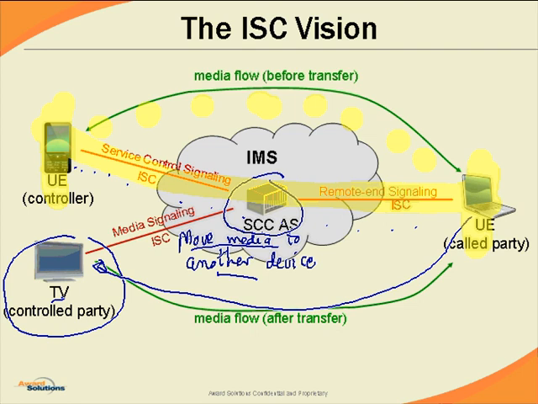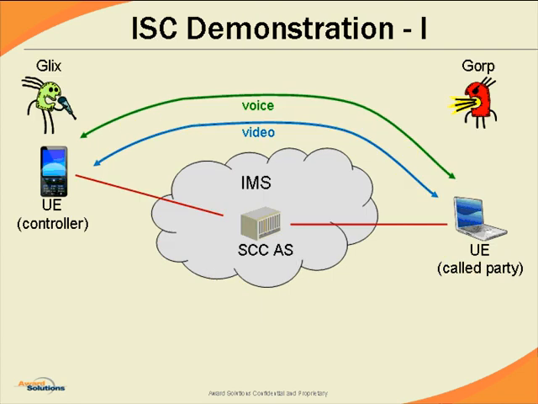So we can choose what medium we want to get on what device. Something on UE, something on iPad, something on TV screen, things like that. That is the grand vision. So at the same time, we may have multiple types of media on multiple devices. So initially, perhaps we have the voice and the video flowing directly between two UEs like that.